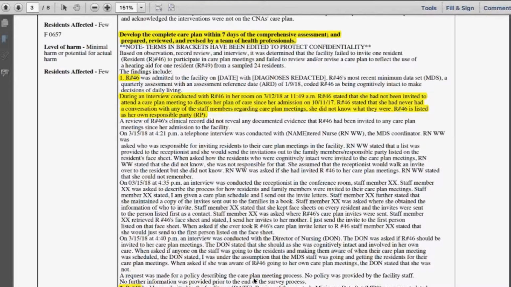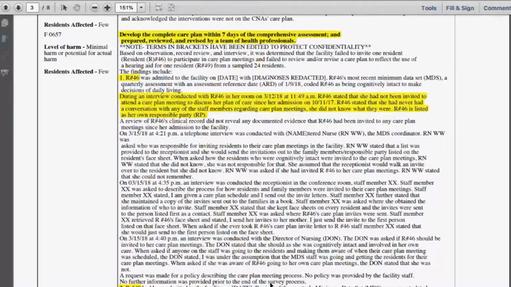And the care plan and the assessments both must be updated whenever needed. So if there's a change in how a resident is functioning, if there's a clinical change, et cetera, those things are to be addressed in this way. And that's part of the federal requirements, which is what we're talking about here.